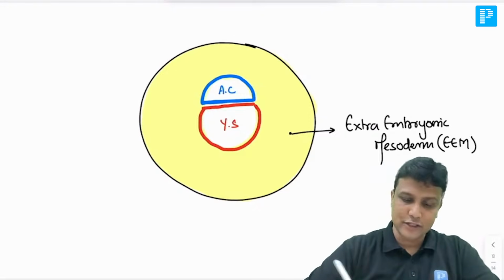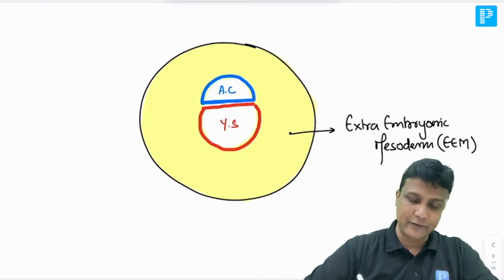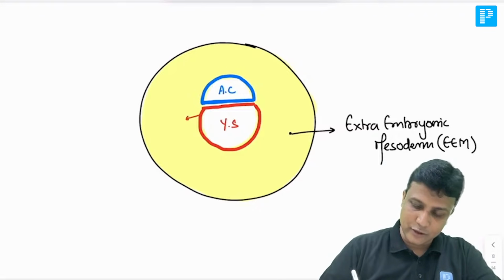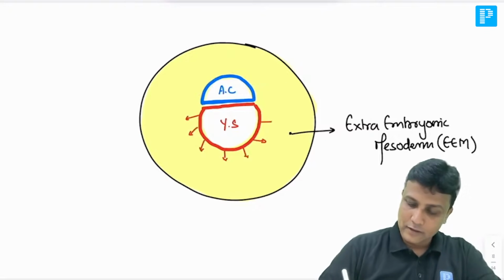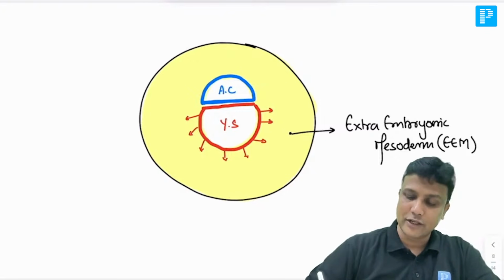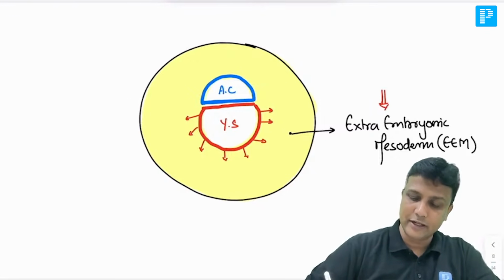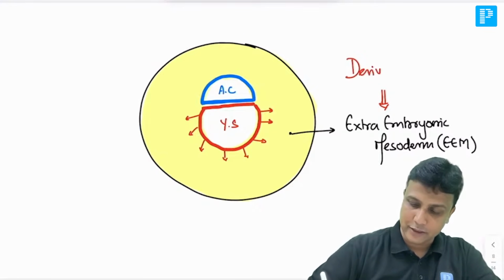Now in the exam, the question is all about what? It is derived from where? So remember, these cells are going to be coming from the yolk sac. The extra embryonic mesoderm will be derived from where? It is derived from primary yolk sac.